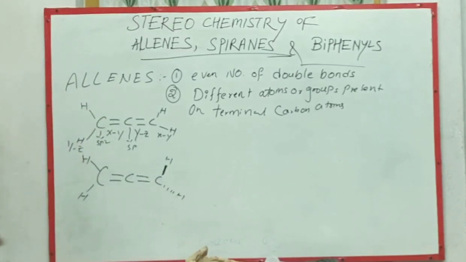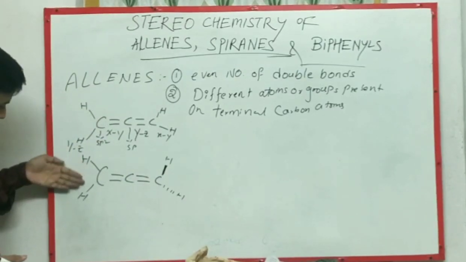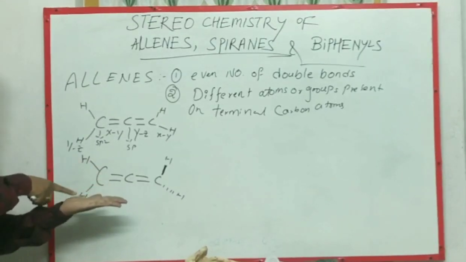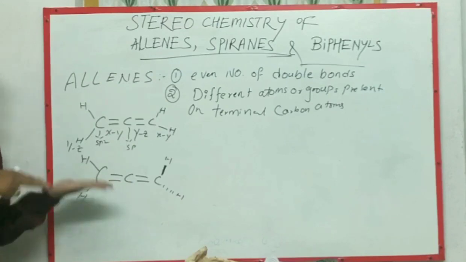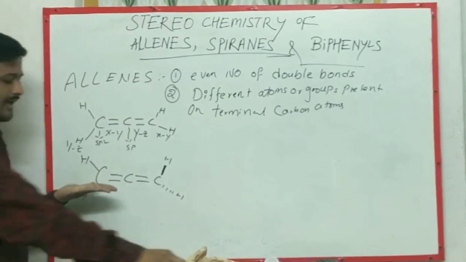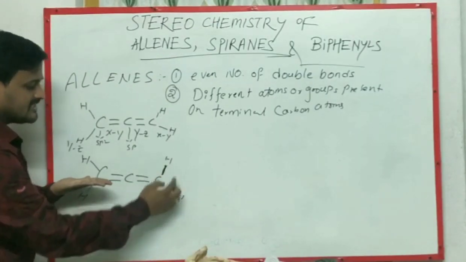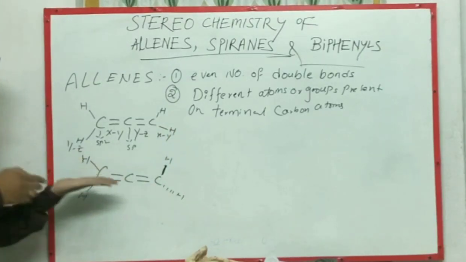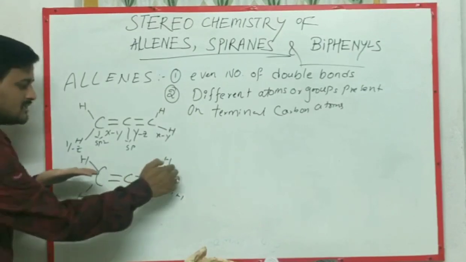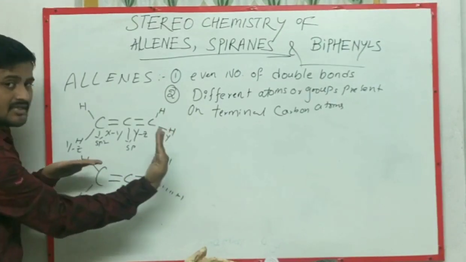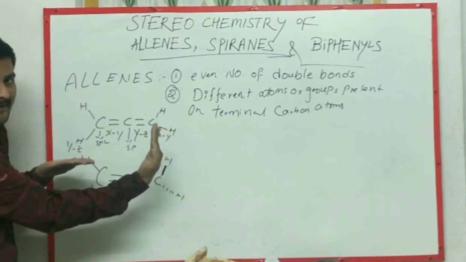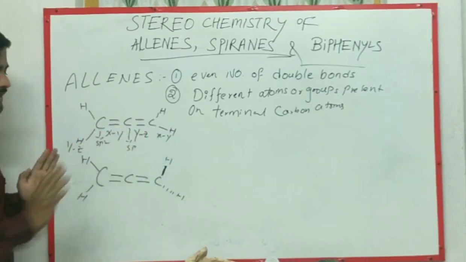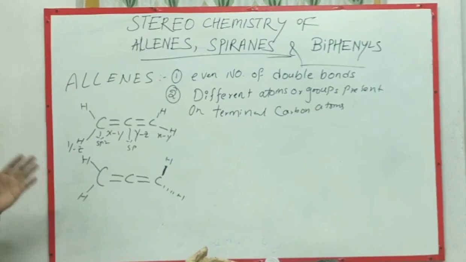Do you understand? These two hydrogen atoms are present in one plane, the xy plane, and these two hydrogen atoms are present in another plane perpendicularly. Then above the hydrogen, below the hydrogen. Are you clear?